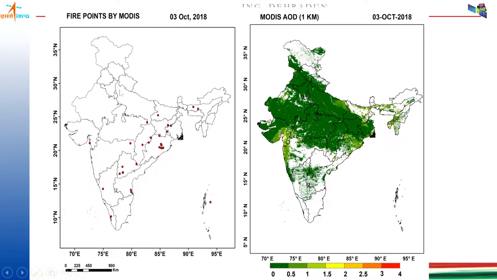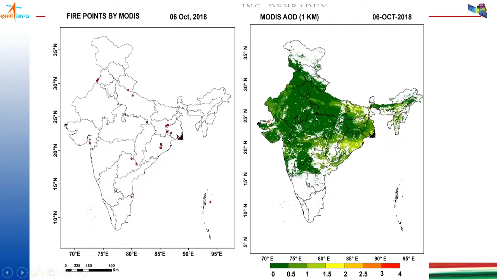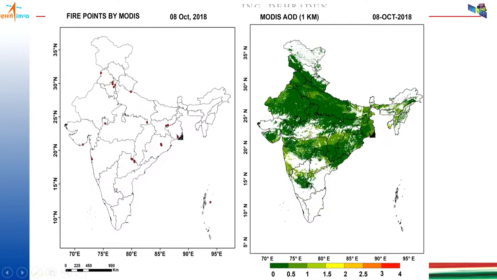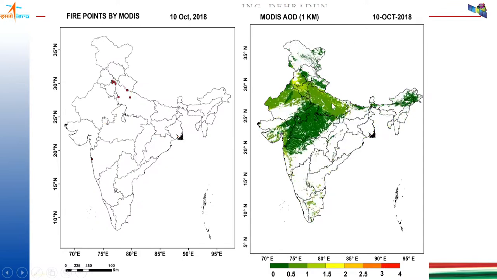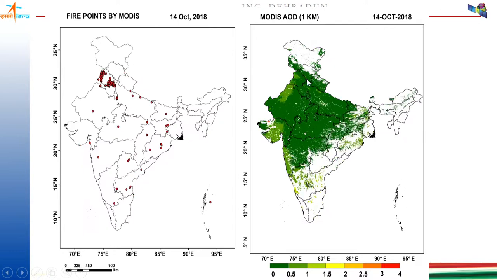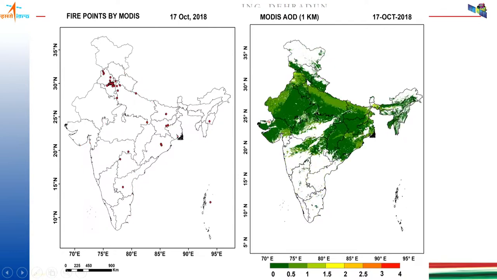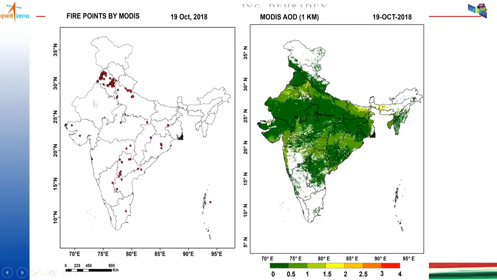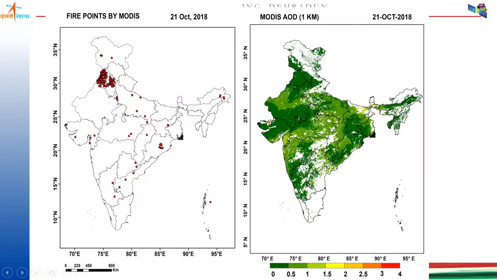So what are the number of fires and sources, and how are these fires contributing, or the relation of these fire emissions to the pollution loading, and how this is transported from one place to another depending on the meteorology.